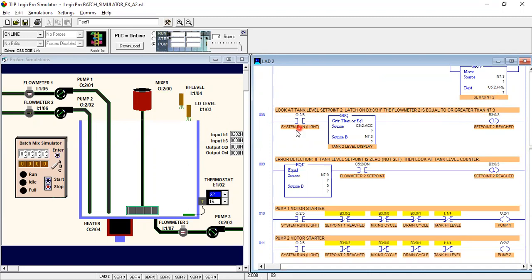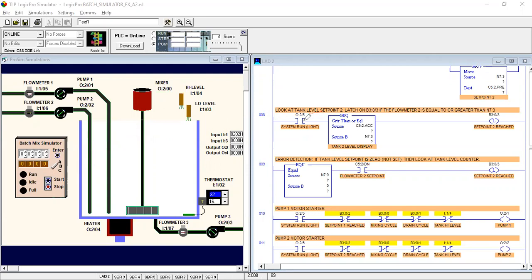In this rung we have to connect the system run light. So this is our system run light, and this is the same addressing here.